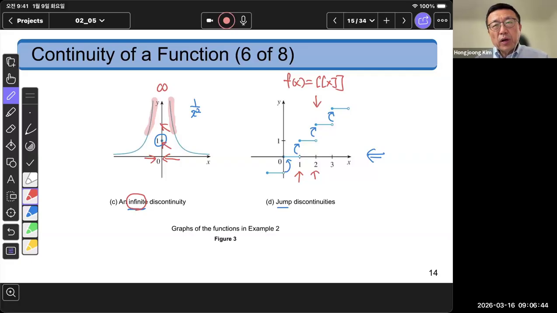So in this case as well, we cannot remove such a discontinuity, but not because the value of the function is infinity, but because the right-hand limit and left-hand limit are different. So the limit of f of x as x approaches a does not exist, and the left-hand limit and right-hand limit have some finite difference. Such a discontinuity is called a jump discontinuity.